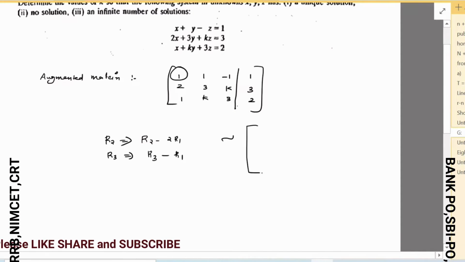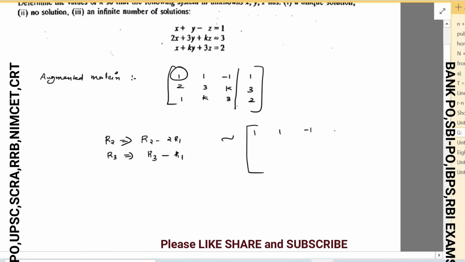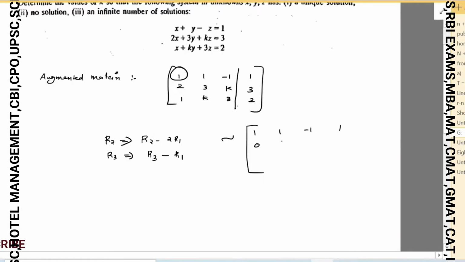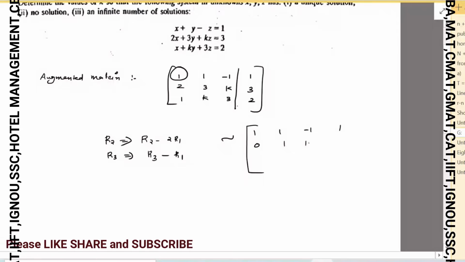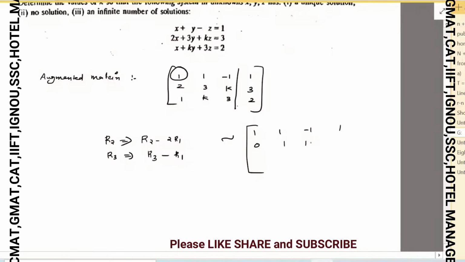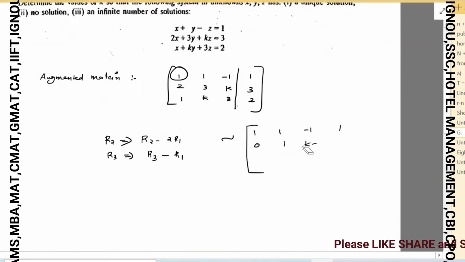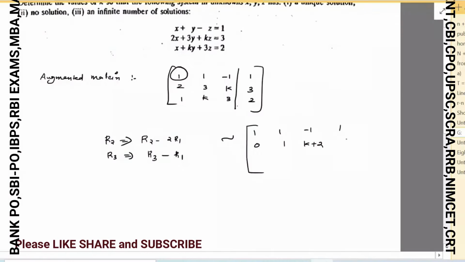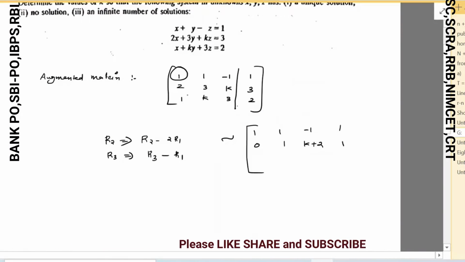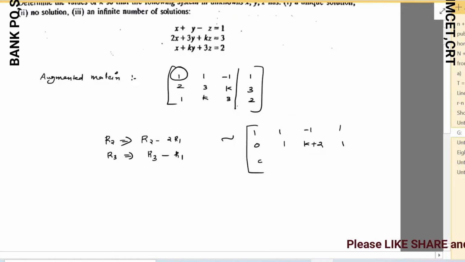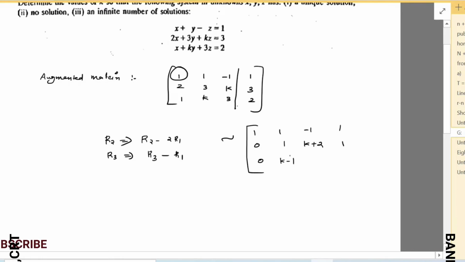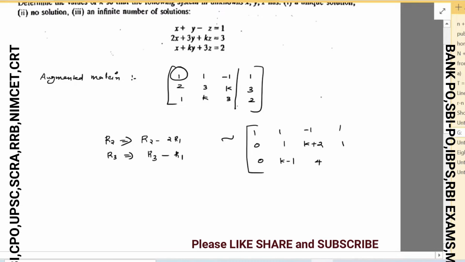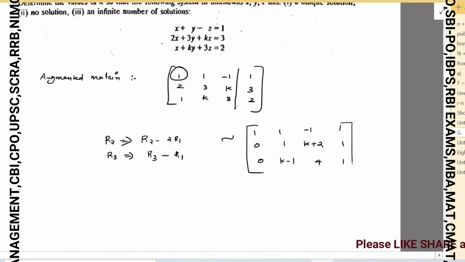So this will be 1 1 minus 1 1, 0 1 k minus 2, that is k plus 2, and the next element will be 3 minus 2, which is 1. The third row will be 0, k minus 1, 3 minus 1, that is 4, and 2 minus 1, which is 1.